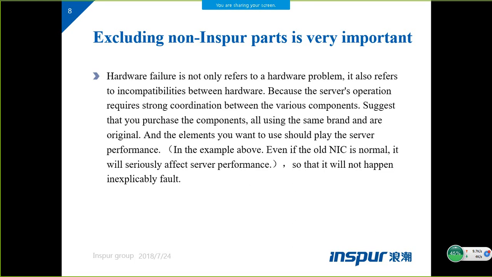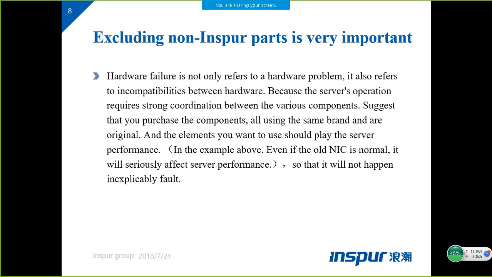And here there is a notice. Remove the non-inspect parts is very important. Why? There is a reason. Because if the parts come from third party, from non-inspect, maybe there is some compatible issue.